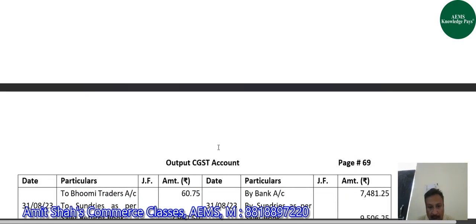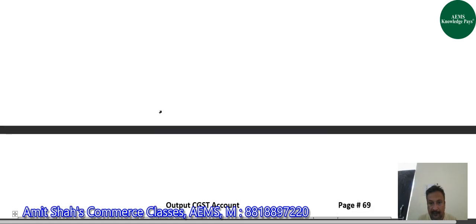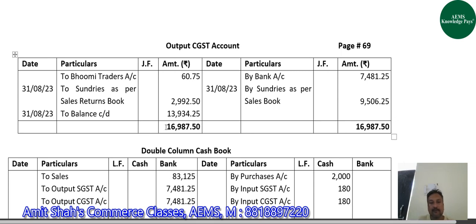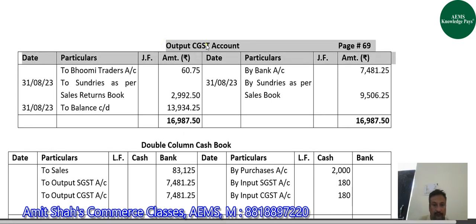Because all the amounts of output SGST and CGST usually remain same until they are set off. Done, guys, with this output CGST account also.